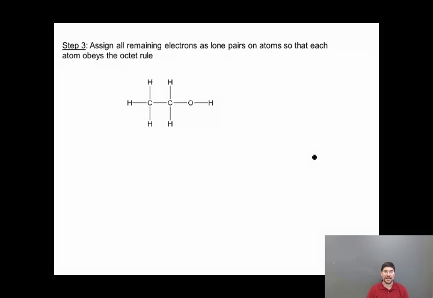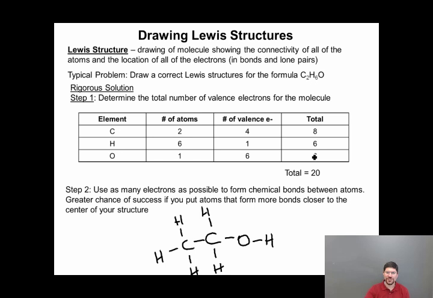Okay, step 3 is to assign all the remaining electrons as lone pairs on atoms so that each atom obeys the octet rule. In the structure that we drew, we have formed 1, 2, 3, 4, 5, 6, 7, 8 bonds. So that means we have used 16 of our 20 valence electrons.